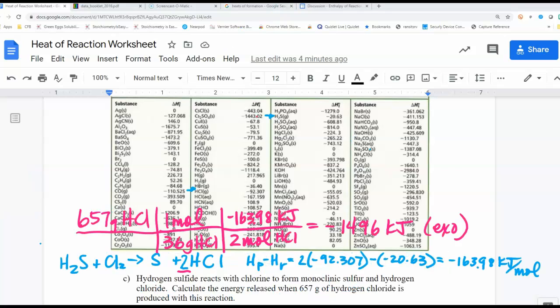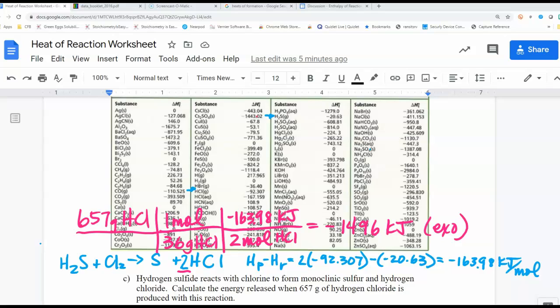Okay, so for this next one, we had to write out the chemical reaction, which was hydrogen sulfide, H2S, plus chlorine, which you have to remember is diatomic, so Cl2, yields monoclinic sulfur, that is just sulfur all by itself, and 2, because of balancing, HCl.